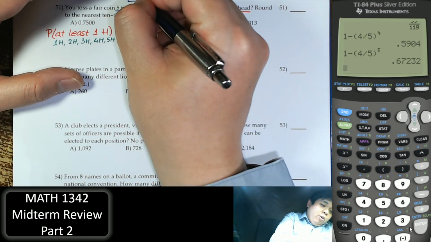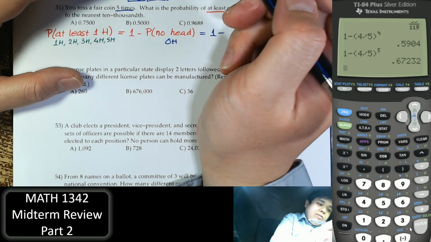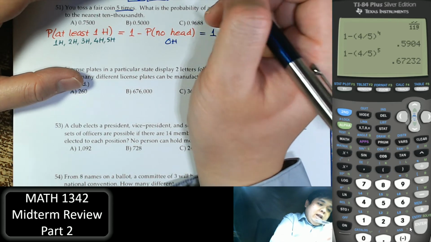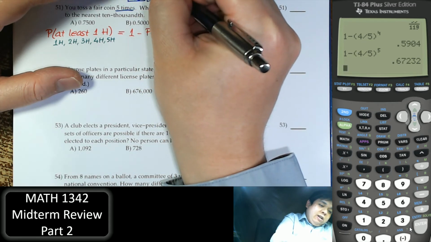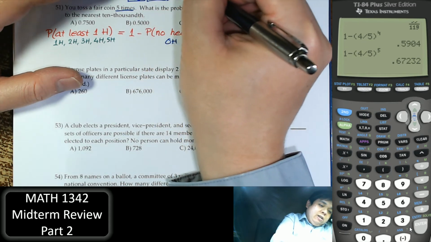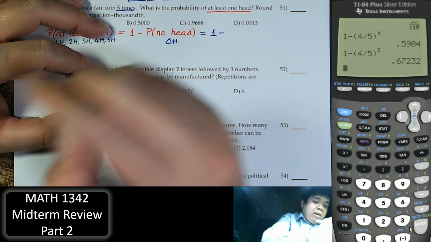And this is a fair coin, so 1/2 chance to get 0 heads on the first one, and then 1/2 on the second one. And 1 minus that.